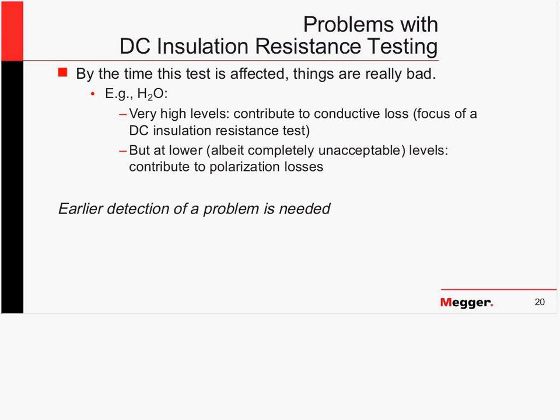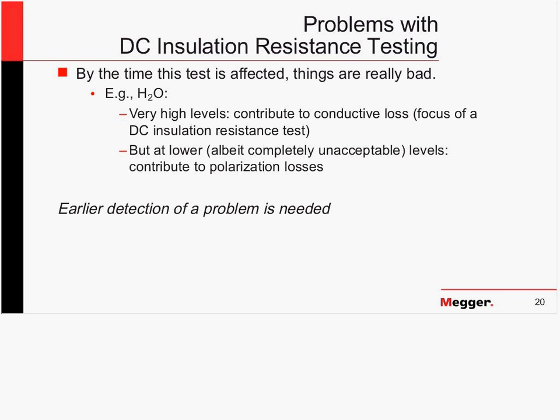Because it takes quite a bit of time for deterioration to advance and the situation to really worsen to a really bad degree before you recognize it with DC testing, the desire was there for, gosh, we need earlier detection of a problem.